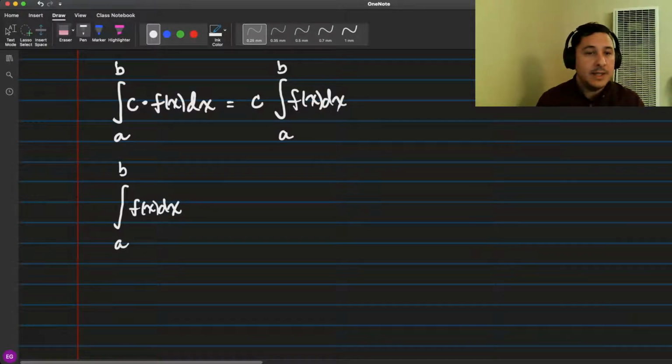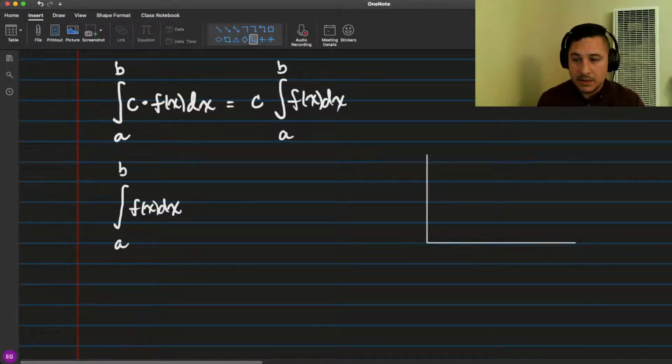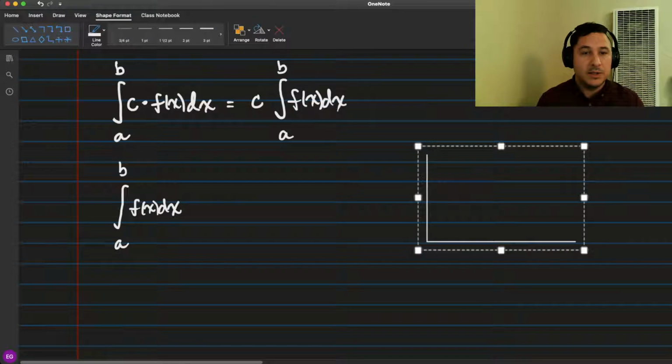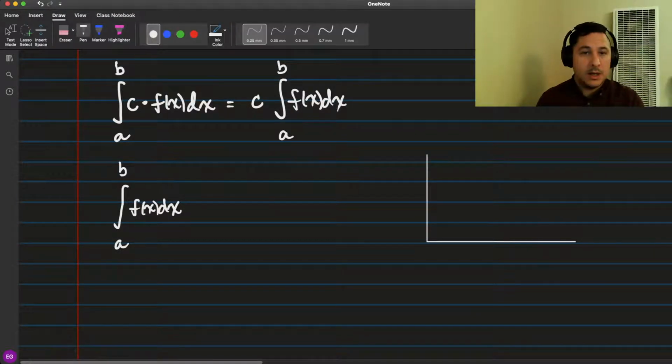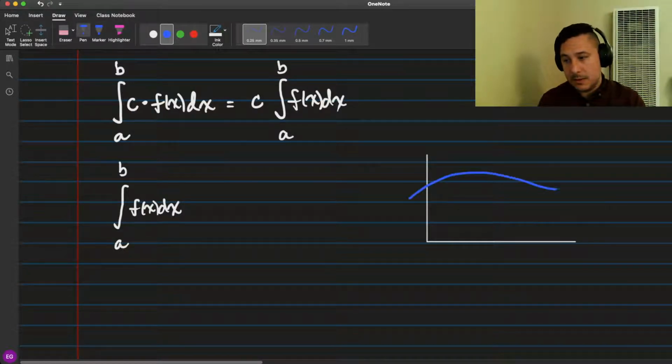So if we draw this in a picture, we'll have our axis. Let's draw our f of x. There it is.